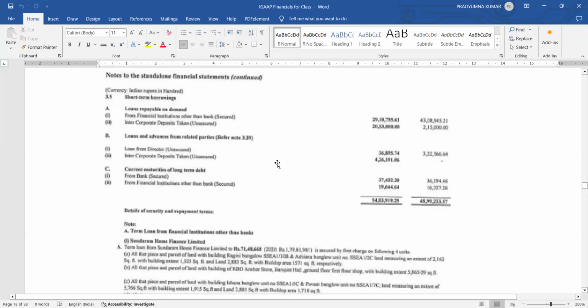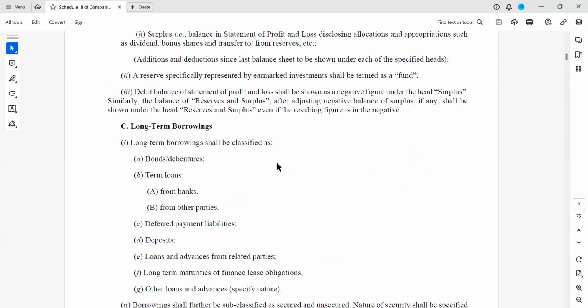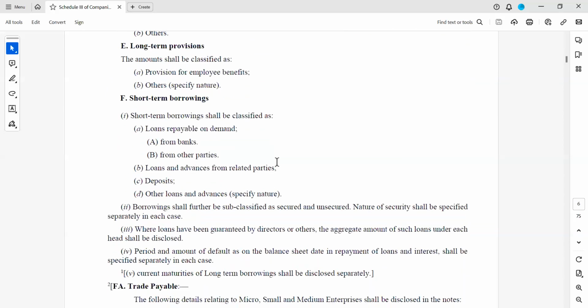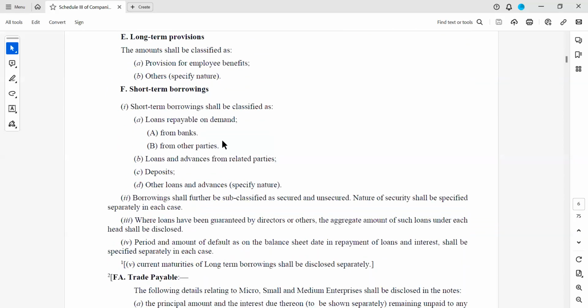Now we'll move to short-term borrowings. Coming to short-term borrowings, let us see what the schedule says. You see here, even in long-term provisions, they have given provision for employee benefits only. There is nothing else as per their provisions, so they have not considered any other long-term provision in that particular schedule.